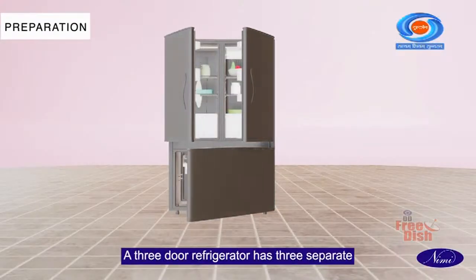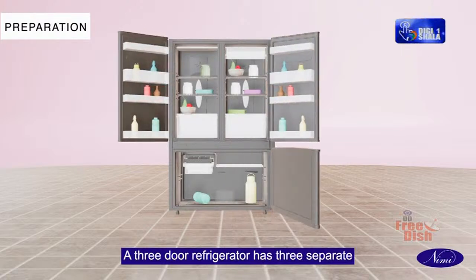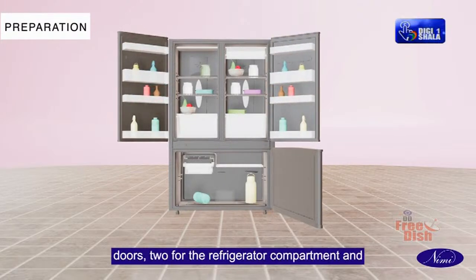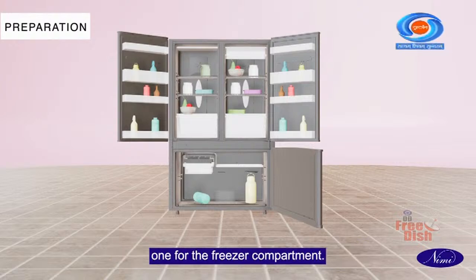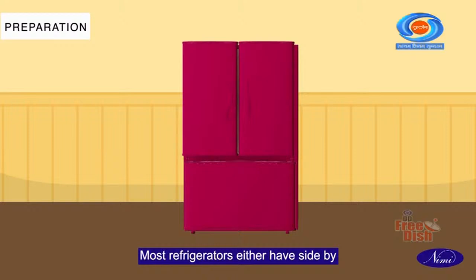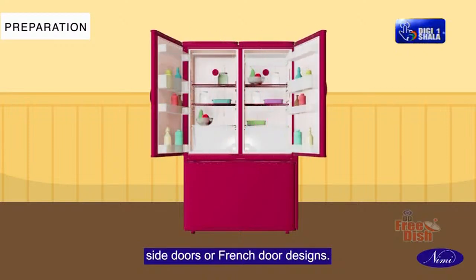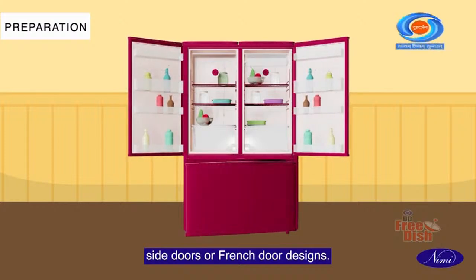A 3-door refrigerator has 3 separate doors, 2 for the refrigerator compartment and 1 for the freezer compartment. Most refrigerators either have side-by-side doors or French door designs.